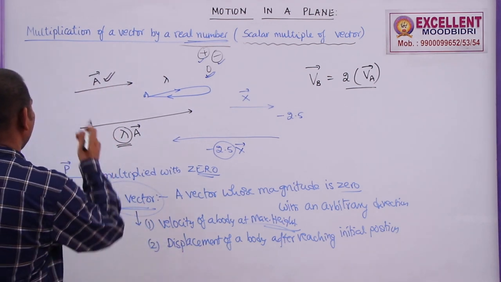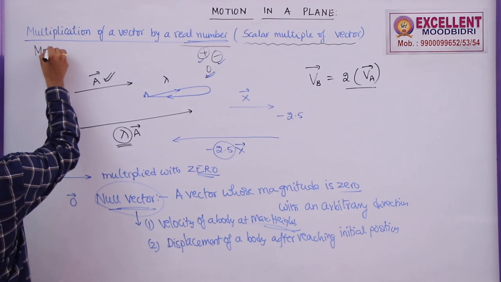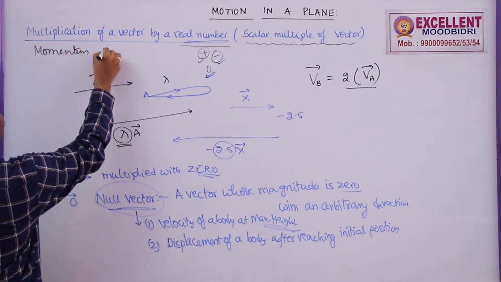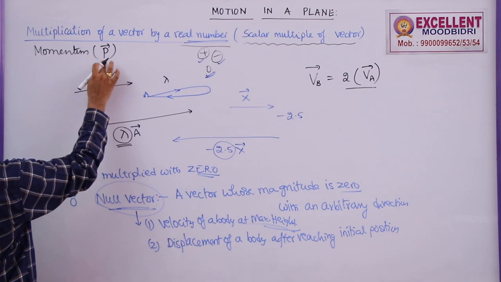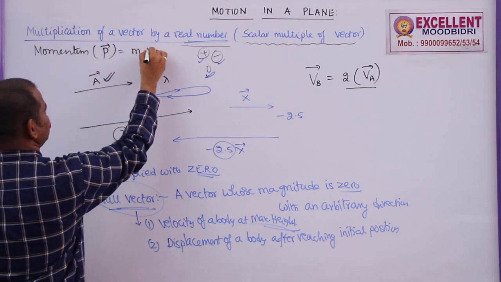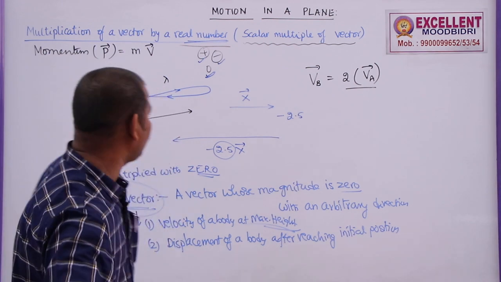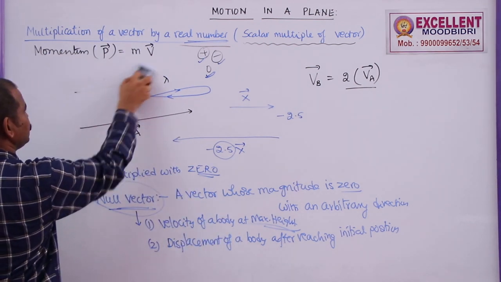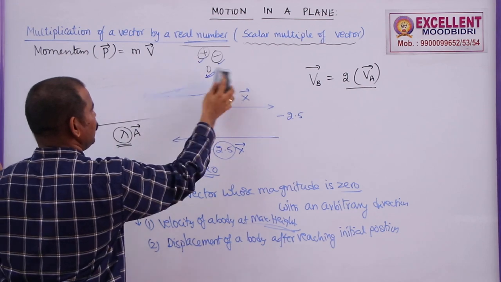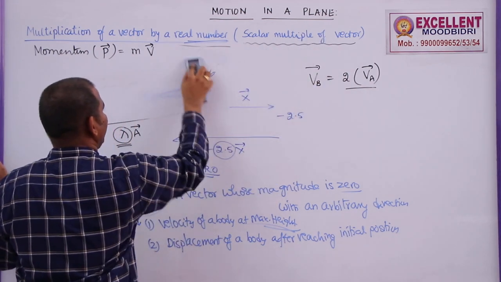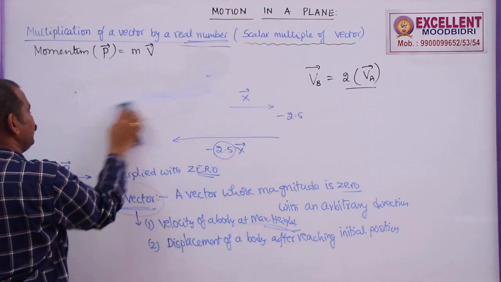Suppose you take the momentum of a body. Momentum is given by P bar, the symbol P is a vector: mass into velocity. Remember students, mass is a scalar quantity, but velocity is a vector quantity. So, a scalar multiple of a vector means I am multiplying a scalar with a vector.